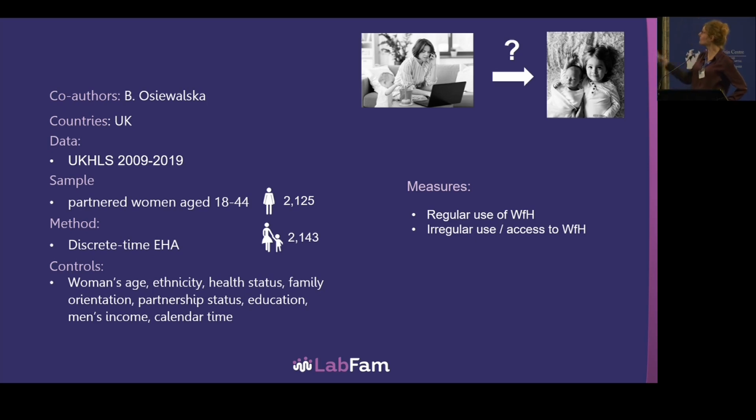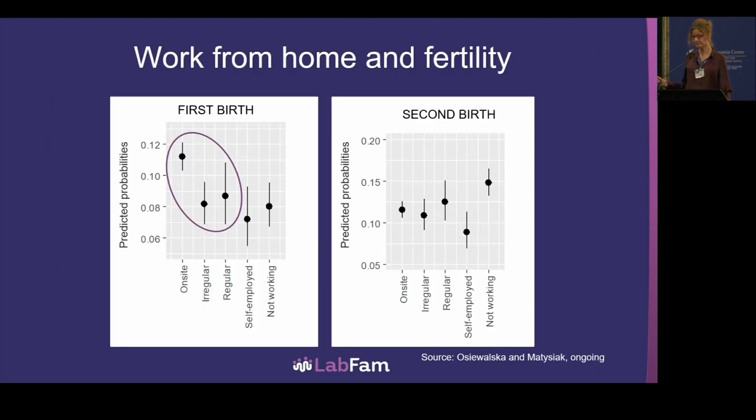So we constructed two categories: regular use of working from home, and another, a more blurred one, irregular use, where we are unsure whether they actually use it but they have access. And no access is the third category. These are the findings. We expected a positive relationship. We didn't find it at first.